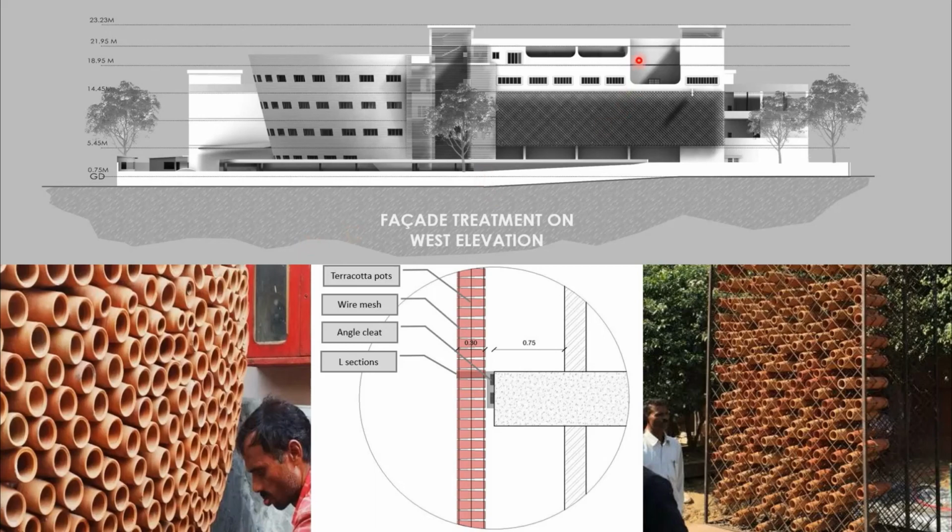One is by providing massive terraces on the western facade. Second, we have provided terracotta pots on the spaces on the western facade outside the operation theater and physiotherapy, which will reduce the temperature by 5 to 6 degrees on the western side.